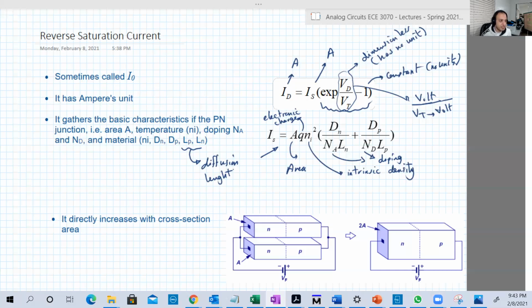Also the diffusion length and the diffusion parameter, Dn or Dp. So Is also defines the material and geometry of the P-N junction. And to be compatible, some texts would call it I note. Just for the sake of knowledge, if you read some book, you might find it Is or might find it I note.